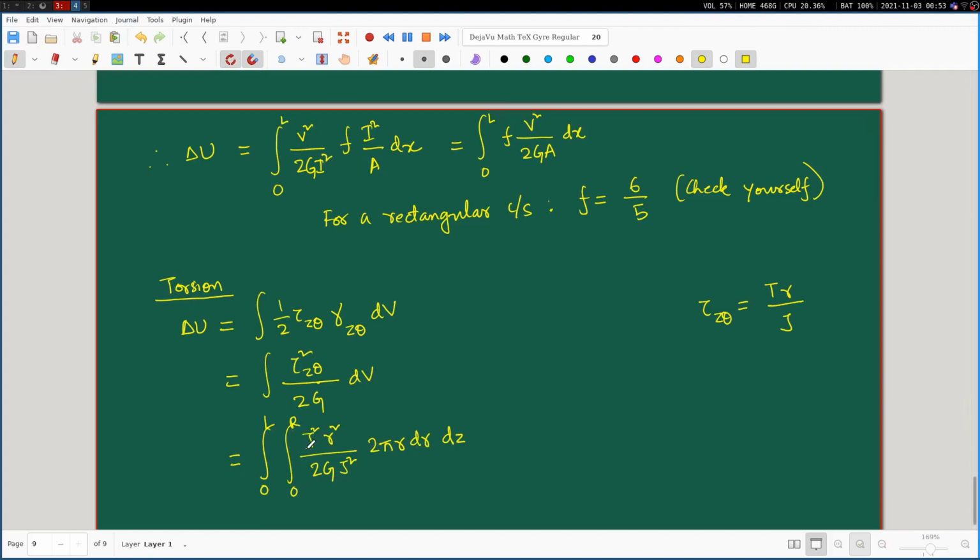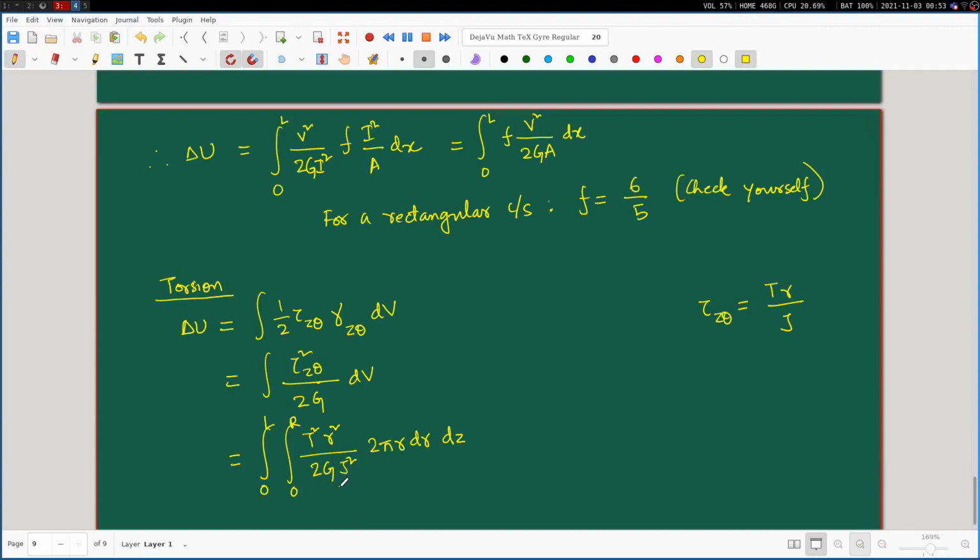Please note that we have already done the integration with respect to theta, because this is written as twice pi. This is a perfectly axisymmetric situation, so no need to worry about variations along theta. It's constant along that direction.